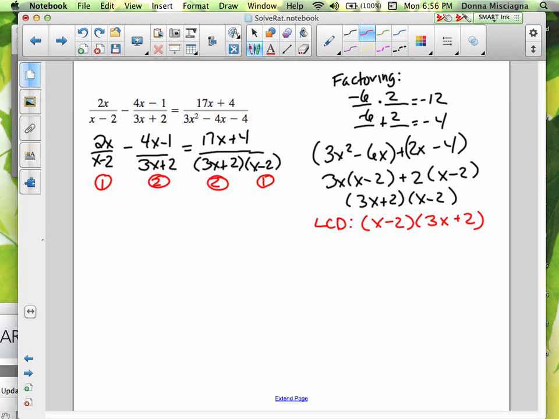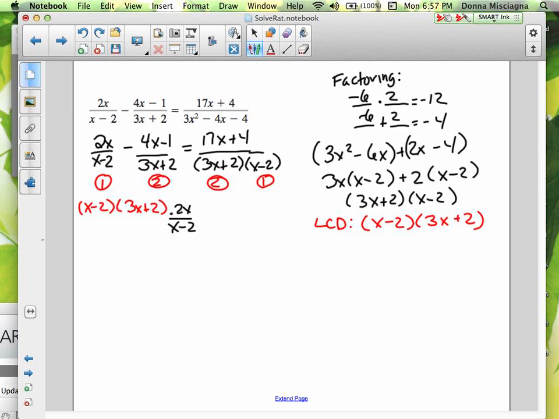All right, so we're going to multiply the 2x over x minus 2 by x minus 2, 3x plus 2. I hope I fit everybody in here. And that's times 2x over x minus 2. And then we've got to multiply x minus 2 times 3x plus 2.